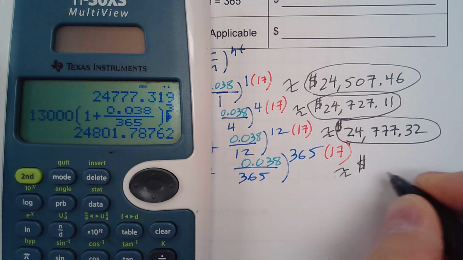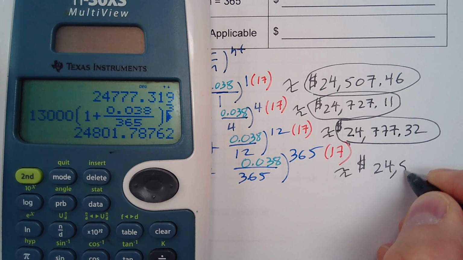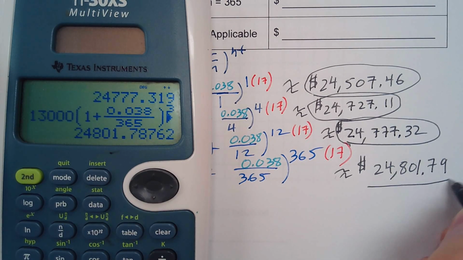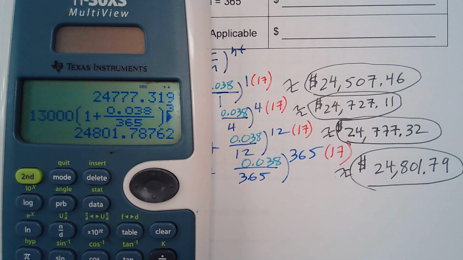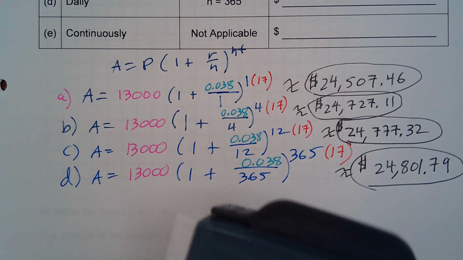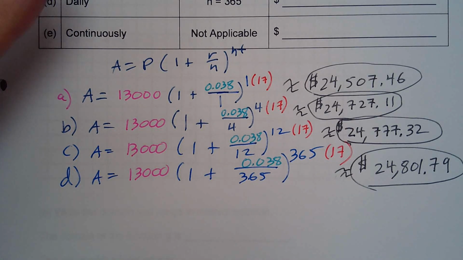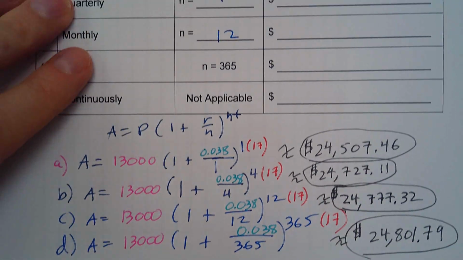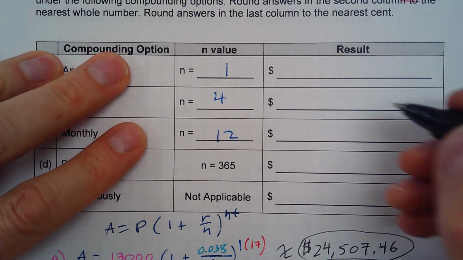This will be $24,801.79. So it's the same calculation over and over. I encourage you to use your calculator when you're doing that. So I can put these results in up here.